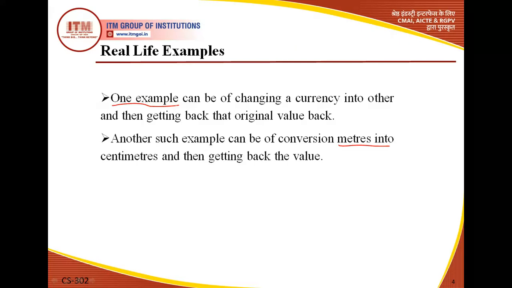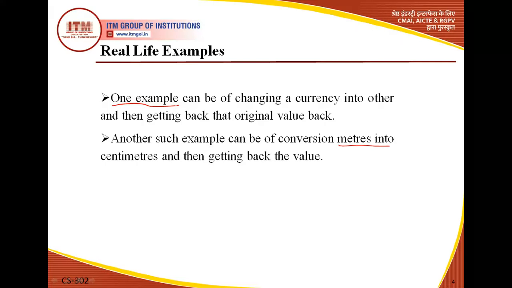This process is known as inverse process. The definition of a function is that you're going from rupees to dollars. So this much rupees makes a dollar, that's maybe the definition of a function. And if you want to change the dollar into rupees, then that would be the inverse process.